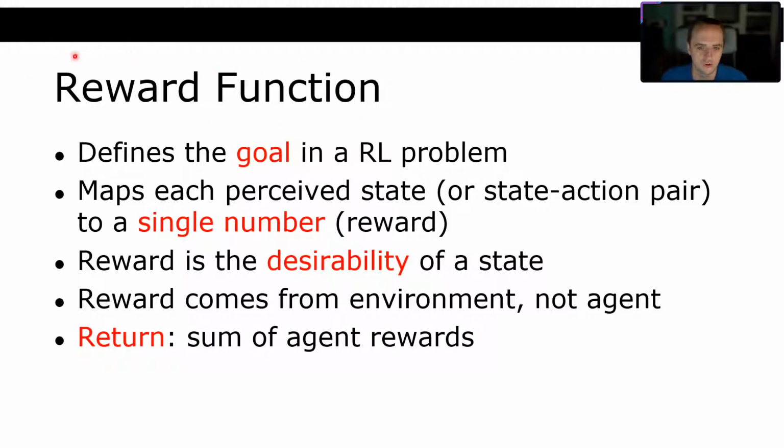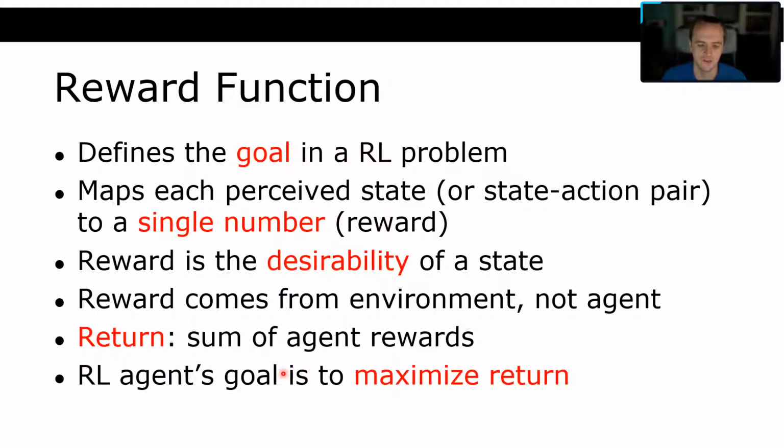So this reward function, over time, as we go through time steps, we're going to get more and more different rewards. If we sum the rewards over time, what we get is the return. So the return is the sum of agent rewards over time. And the reinforcement learning agent's goal is to maximize returns, okay?